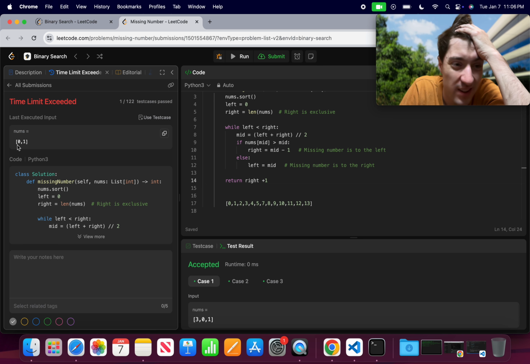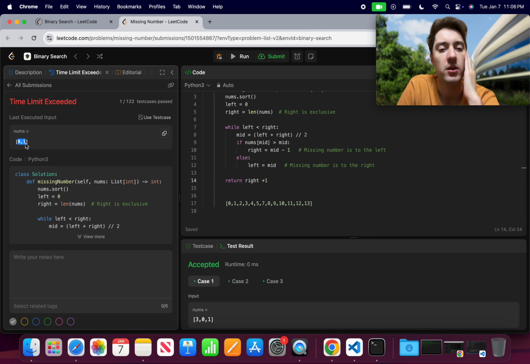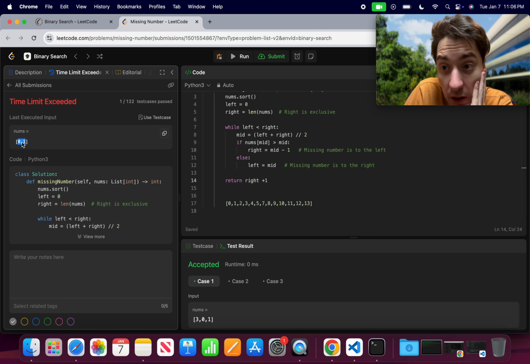No. I mean, okay, it's just two elements. I should be able to walk through this. Okay, what's the midpoint? It's going to be 0, 1, divided by 2, which is 0.5, and then integer, which is 0. So we're right here.